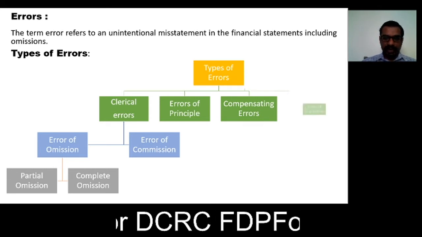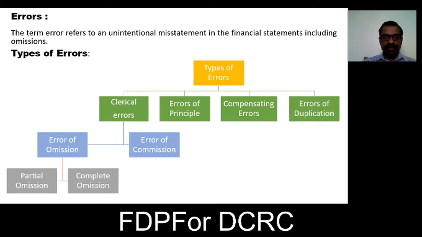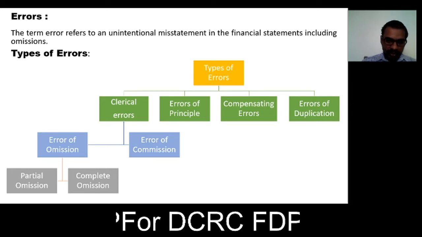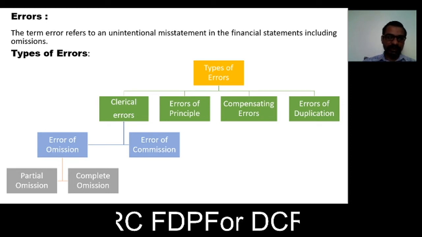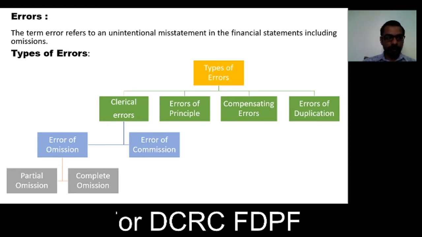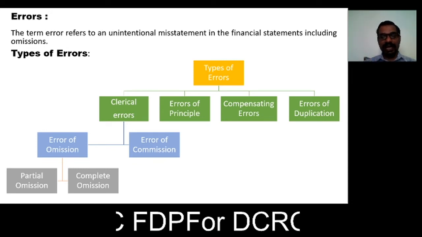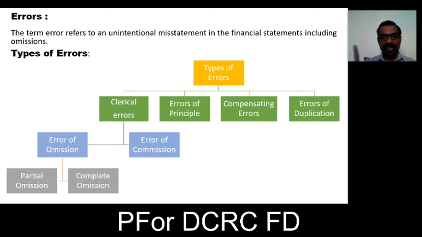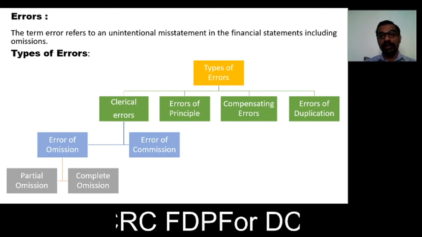Understood? Now the next and fourth type of the error is called the errors of duplication. When a transaction is recorded twice in the books of original entry and hence is posted twice in the ledger accounts, at that time the error occurs. That kind of error is called the error of duplication.